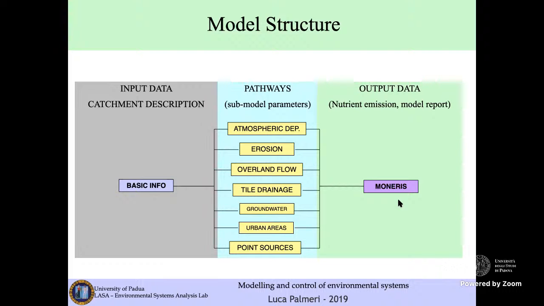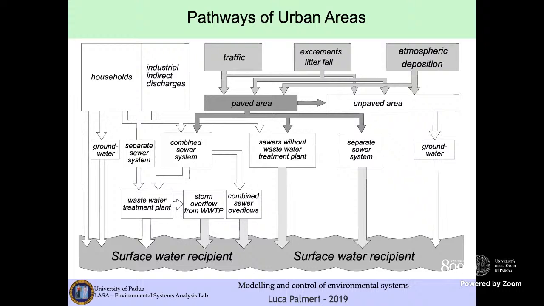So you see, this is a quite sophisticated model that describes a large environmental system, a river catchment system, and through the estimation of the different processes included in these spreadsheets, the model produces an estimation of nutrient emissions. This is a description, for example, of the pathways included in the model for urban areas.